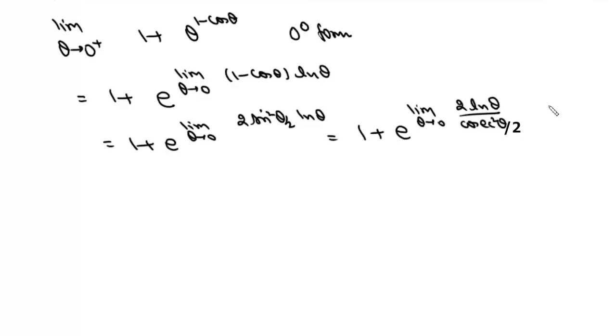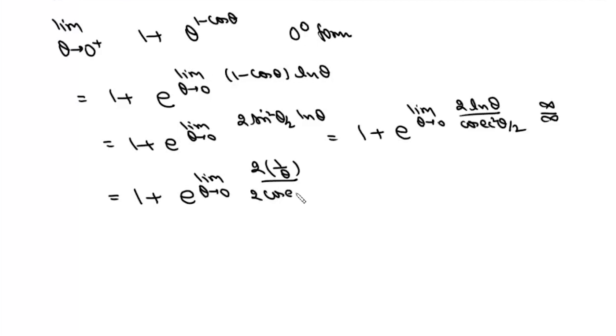Now this is infinity upon infinity form. So if we use L'Hopital's, we can write this as 1 plus e to the power limit theta tends to 0, and this is 2 into 1 upon theta, and here it is cosec theta by 2 into cot theta by 2 into 1 by 2.